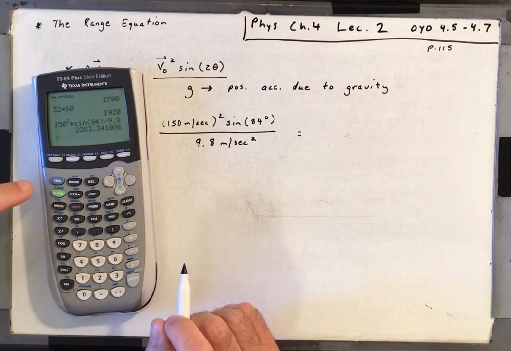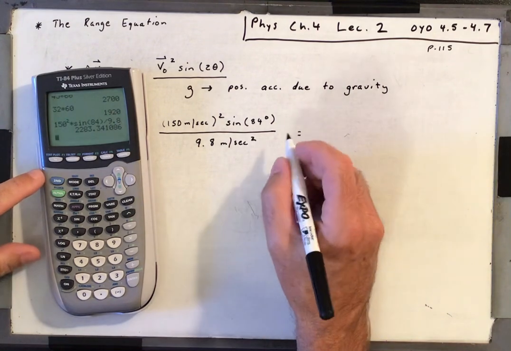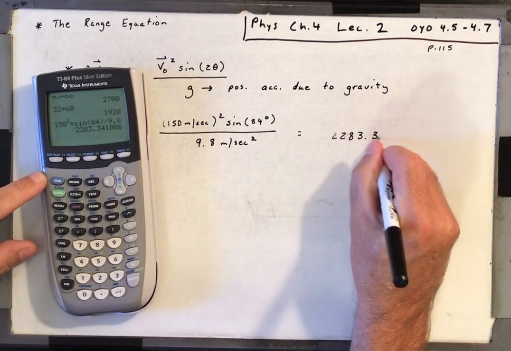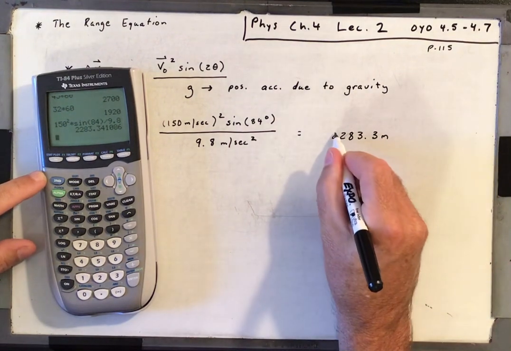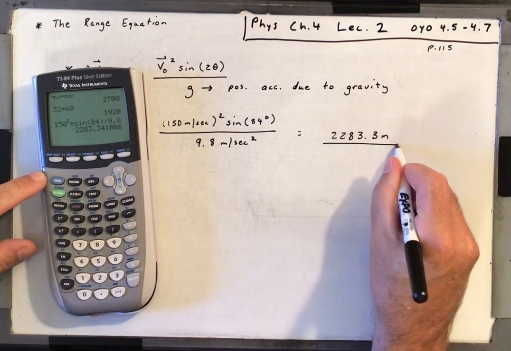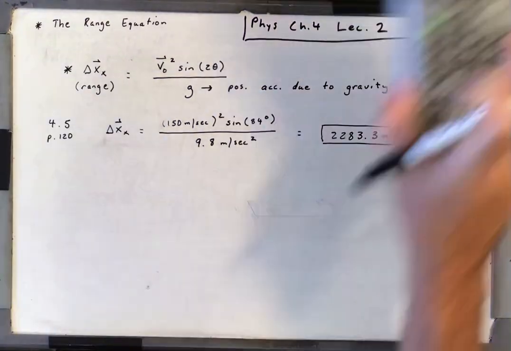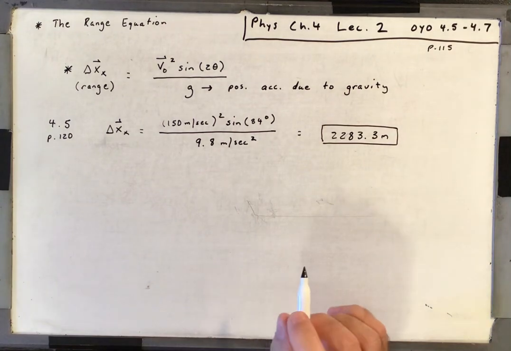That gives 2,283.3 meters, and that is correct. So that's how far in the x direction it goes. It doesn't tell you how high it goes, just how far in length it goes.